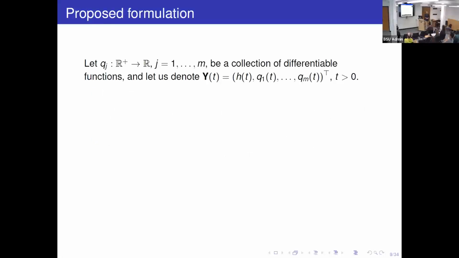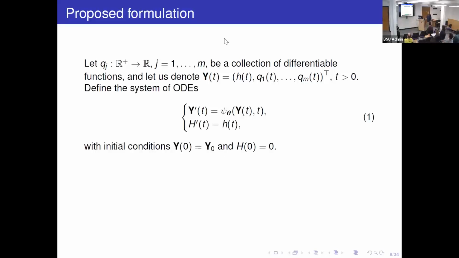Okay, so what we are proposing is, suppose that we have a collection of differentiable functions, Q1 to Qn, and then put them together with the hazard function in a vector, which I'm going to call y. And then we will define a system of ordinary differential equations using that y.